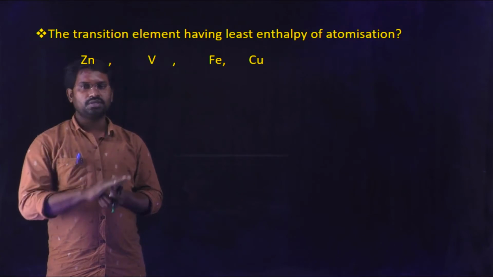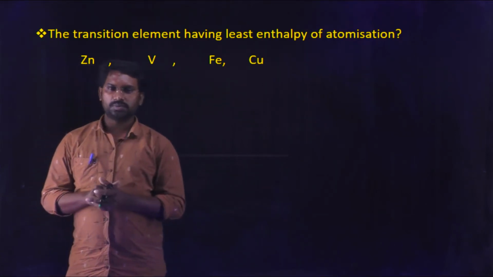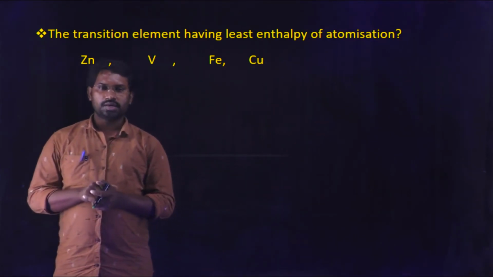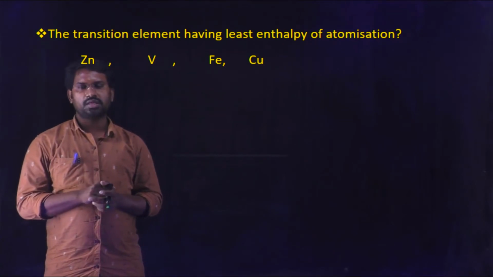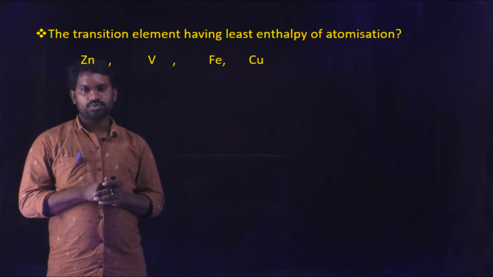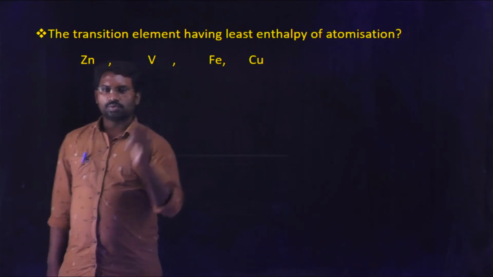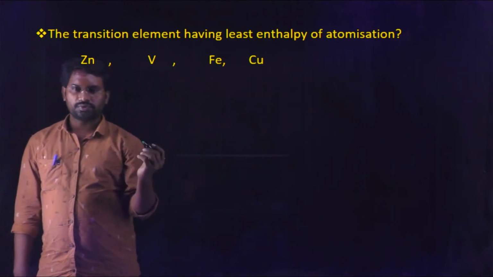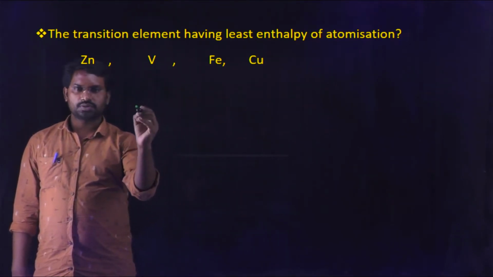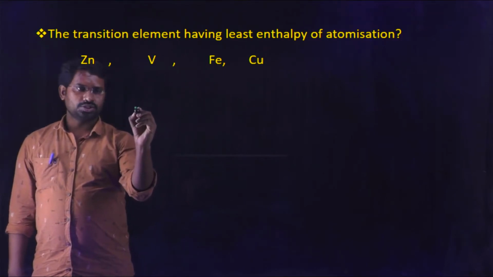So among the given four transition elements, zinc, vanadium, iron and copper, which has the least enthalpy of atomization? Based on this property, we have to write the electron configurations. First one is zinc.